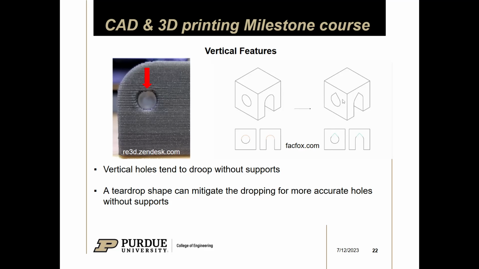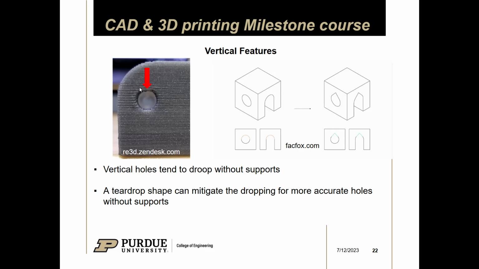This teardrop shape adds a triangle on top of your hole, and that ensures that the overhang angle is always at or below 45 degrees, right? Sometimes you might be worried that it's not a perfect hole anymore, but in a lot of cases this works perfectly fine.